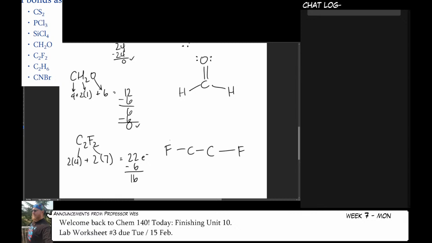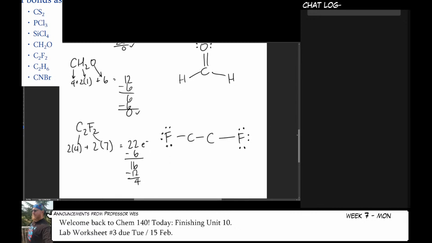Then we'll do outer octets. 2, 4, 6, 8, 10, 12. And now we have 2 central atoms, so I'm going to just try and make them like this. So that one has an octet. However, I ran out of electrons here, so I have none left.